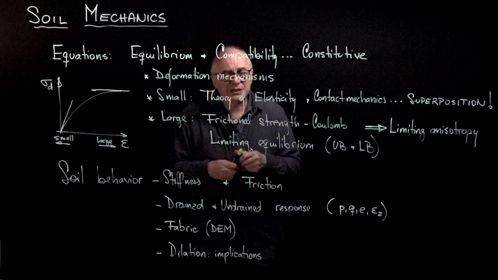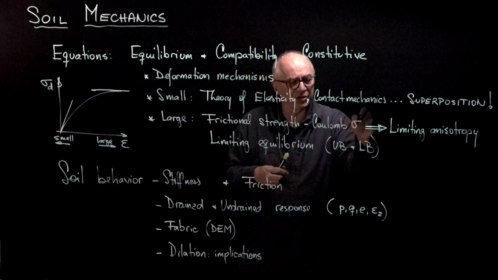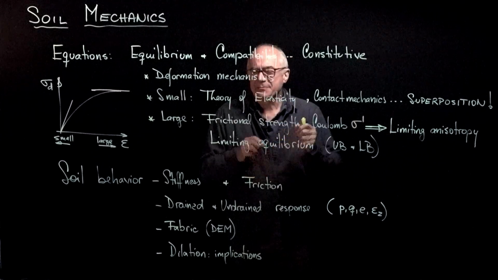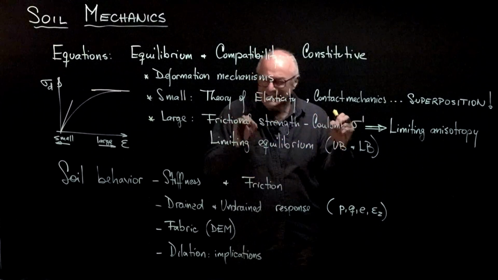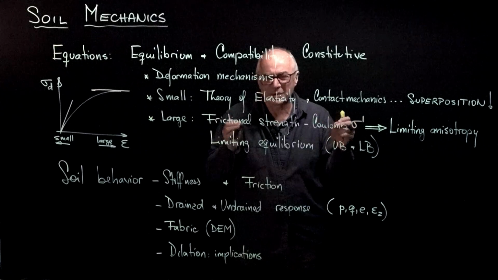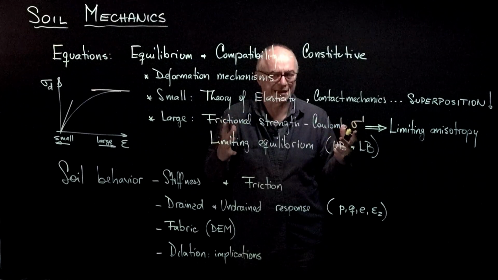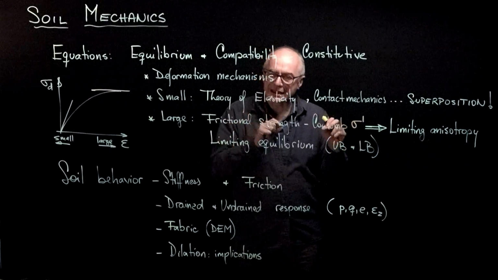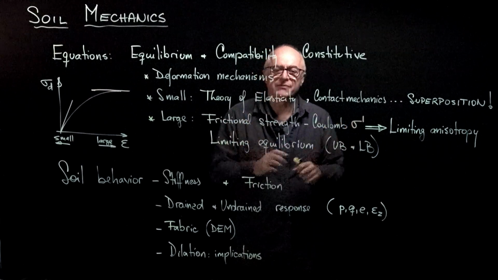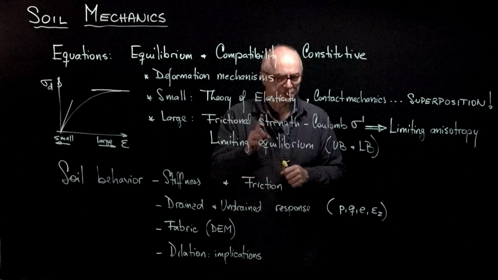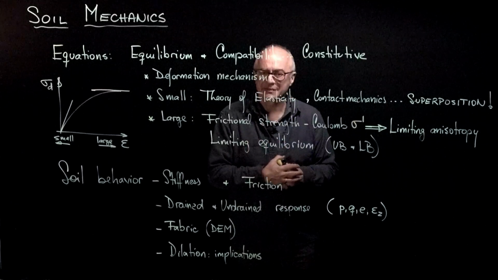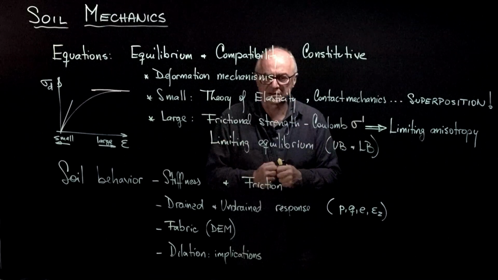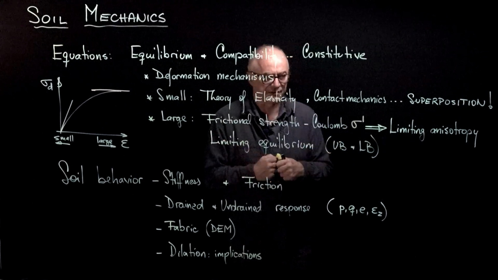So a very important component here is that we're going to be talking about effective stresses, and that is really the concept that is probably at the heart of soil mechanics. It is really the most critical component, and in its simplicity, it can be very misleading. So we're going to cover that one in some detail, and I strongly encourage you to pay close attention and to analyze it yourself.